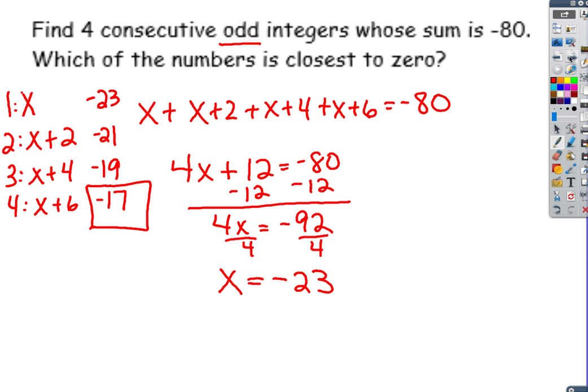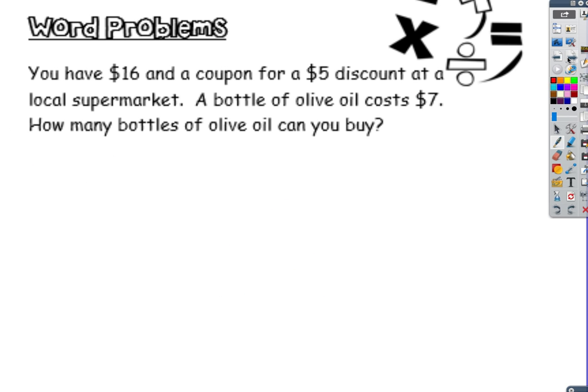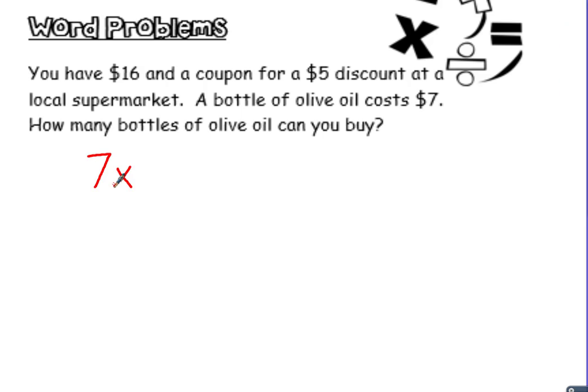The last type of equations are word problems. So this one says you have $16 and a coupon for $5 discount at a local supermarket. A bottle of olive oil costs $7. How many bottles of olive oil can you buy? So your first step is to write the equation. You have $7 for a bottle of olive oil, but we don't know how many bottles of olive oil we can buy.